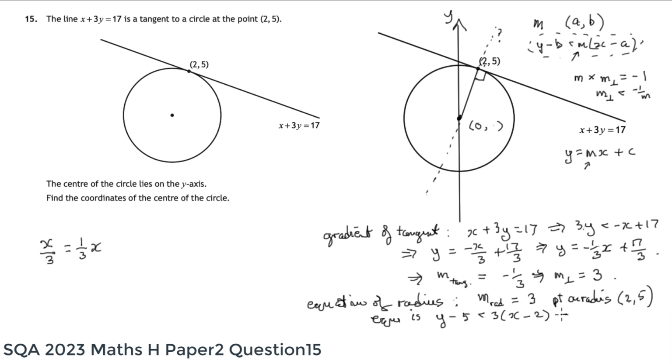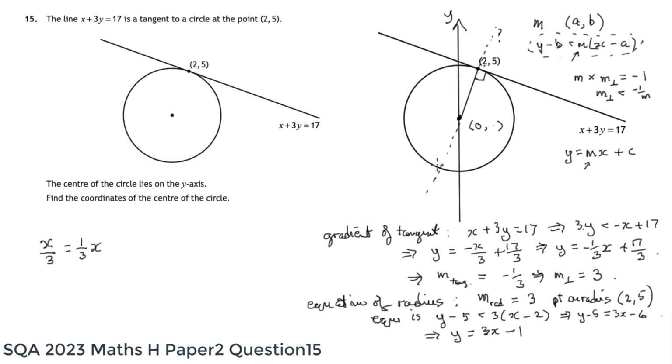And let's get rid of brackets. Got y minus 5 equals 3x minus 6. Let's add 5 to both sides. That -5 will disappear, and we get 5 added to -6 is -1.